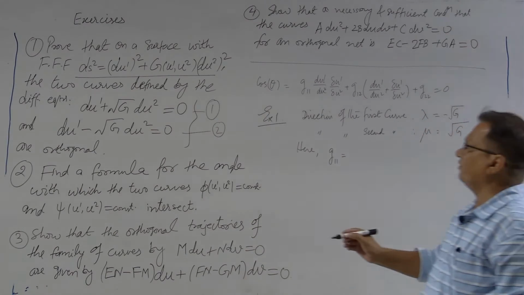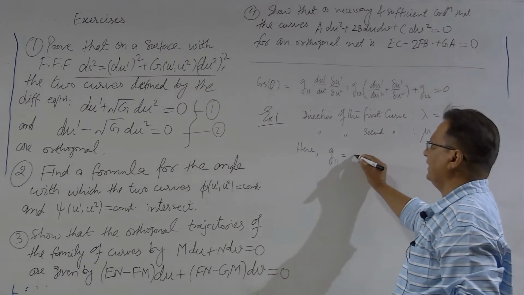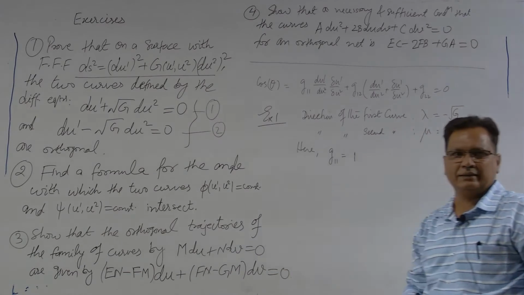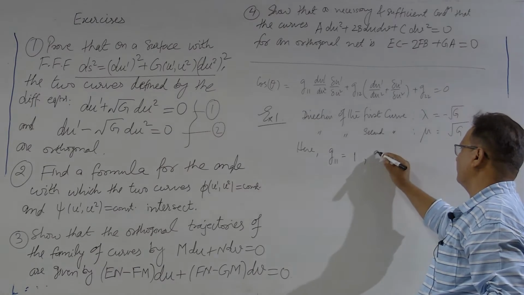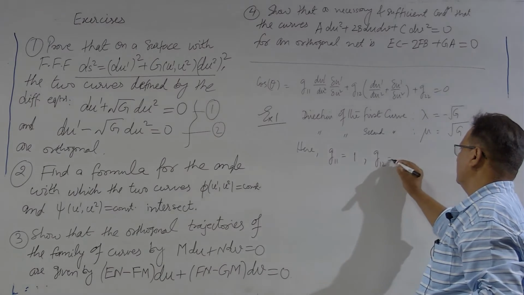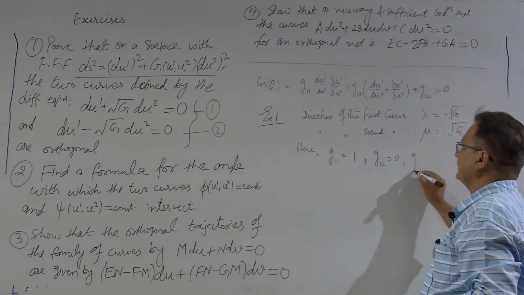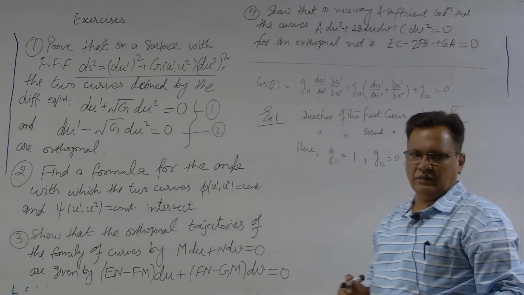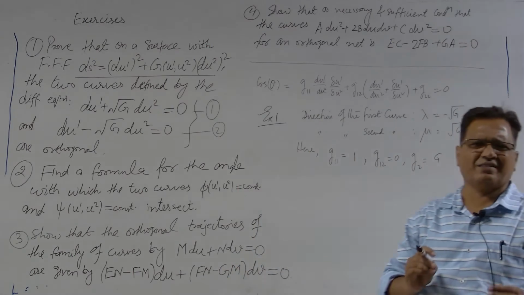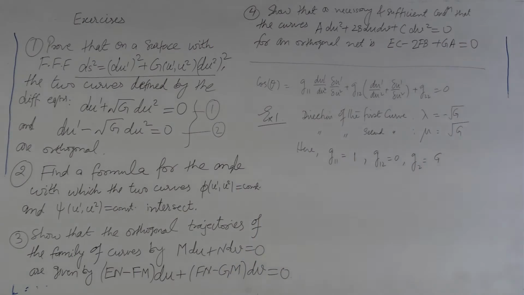So, look at the first fundamental form, that tells you G11 is 1, G12 is 0 and G22 is simply g. In bracket u1 u2 means just this much, g is a function of the two parameters u1 and u2.